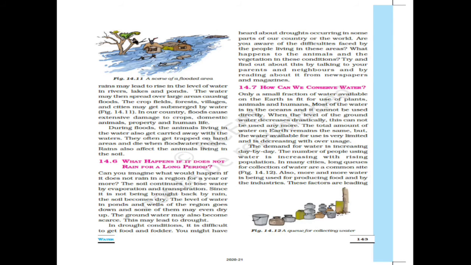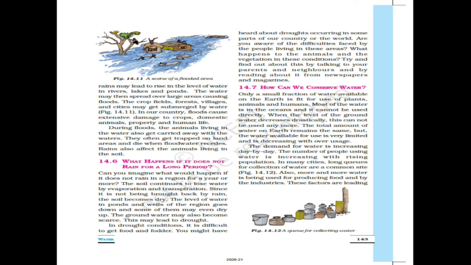So what happens during flood? The animals living in the water get carried away with the water, and they are trapped in certain lands, and after the water recedes, they may die. So these are the various disadvantages of the heavy rainfall.